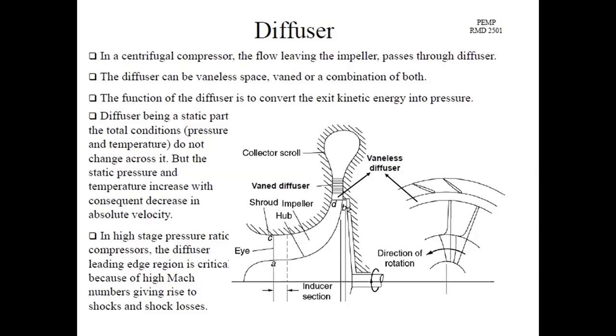The function of the diffuser is to convert the exit kinetic energy into pressure. Diffuser being a static part, the total pressure and temperature do not change across it, but the static pressure and temperature increase with a consequent decrease in absolute velocity.